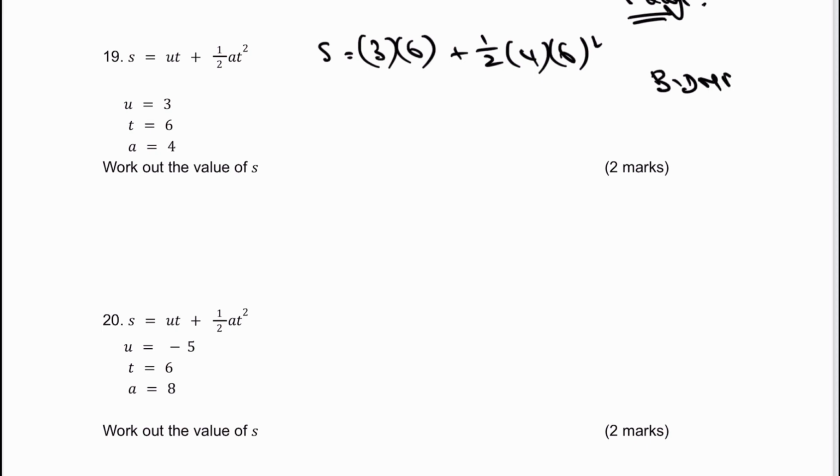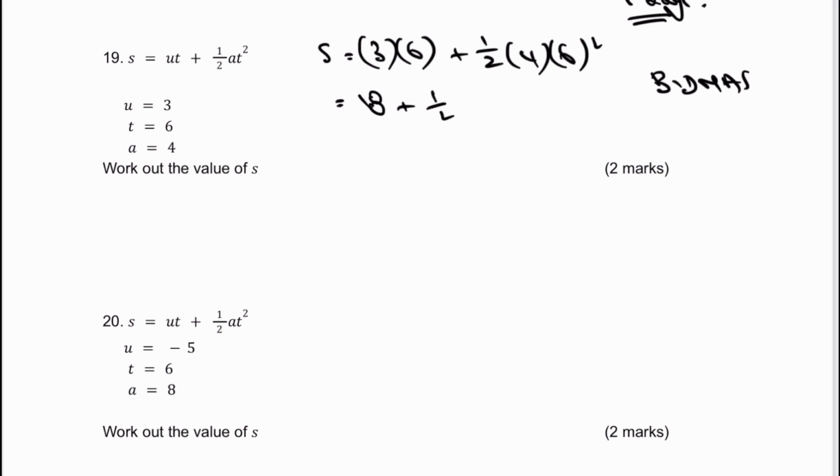While it's okay to multiply out 3 times 6 is 18, when I look at the final part of this, the half a t squared, it's going to be a half multiplied by 4, and then I need to do the index first, so 6 squared is going to be 36. It doesn't mean a half times 4 times 6 and then all squared. It means that we're squaring the value of t, which happens to be 6.